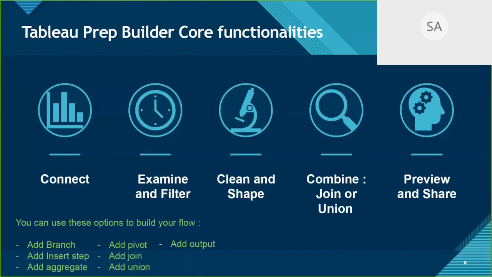As a tool, what Tableau Prep Builder helps us to do is, first of all, connect to the data, then examine and filter specific data sets or subsets of the data. Then you can clean and shape. You can actually look at the data and analyze, okay, what columns are probably not working, what columns have missing values, which entities might have outliers that you might want to filter out so that your analysis is clean.